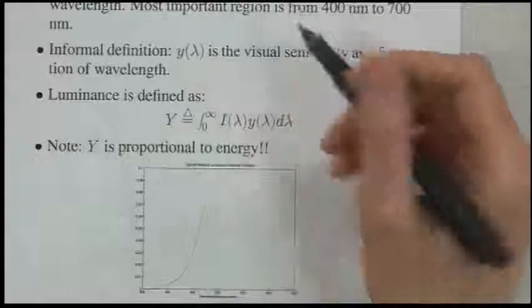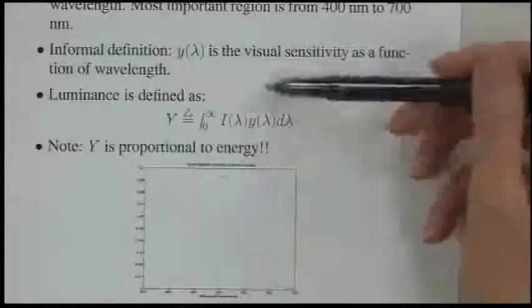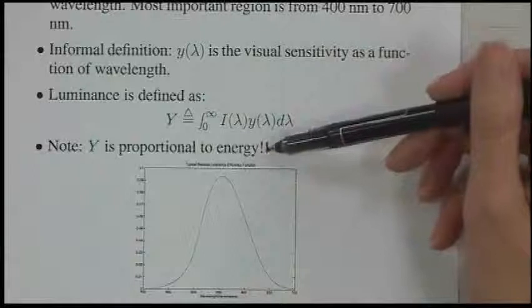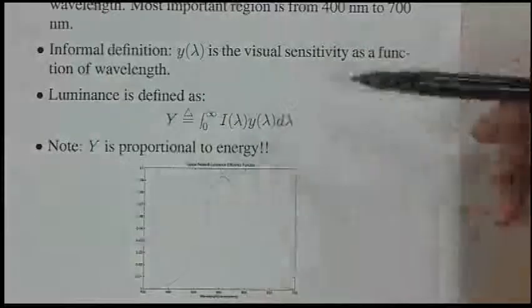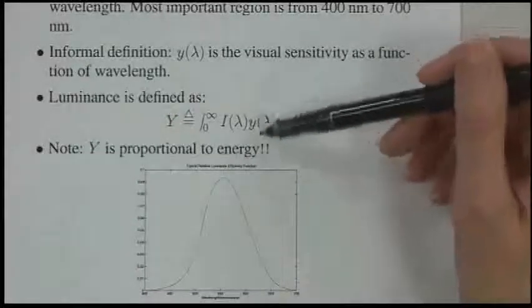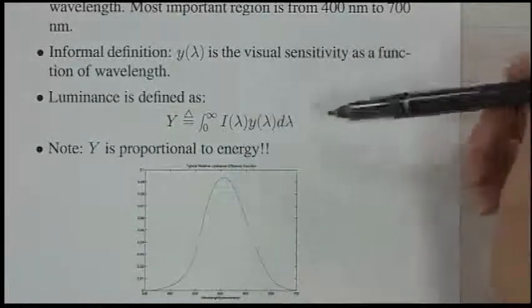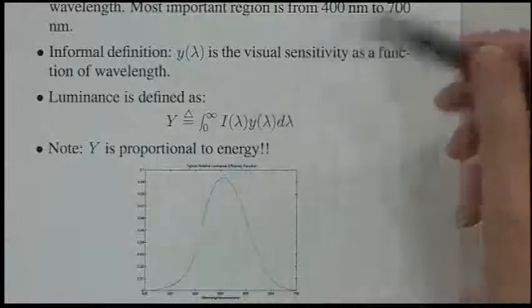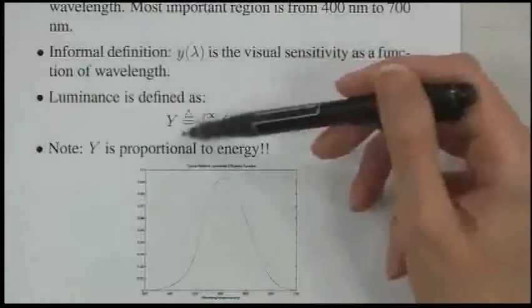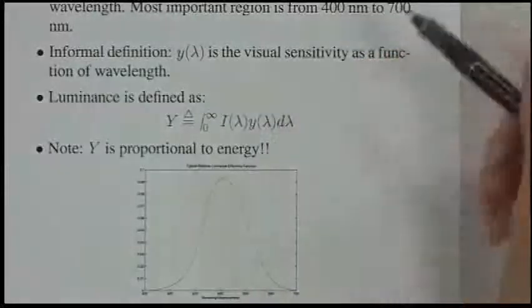So we think about this y as being proportional to light energy. It's inherently a perceptual thing, though, because it has this weighting factor built into it, and it's difficult to quantify what you mean by units when you're talking about something perceptual. But we'll think of this y as being proportional to the light energy.